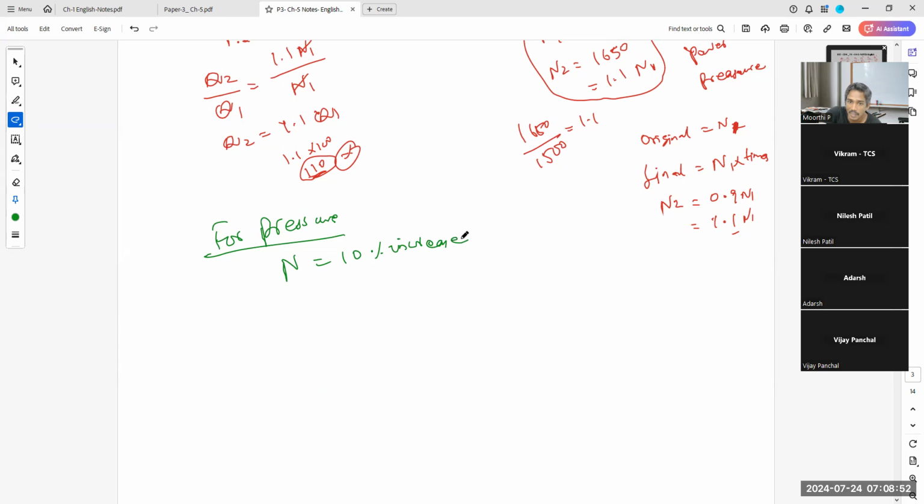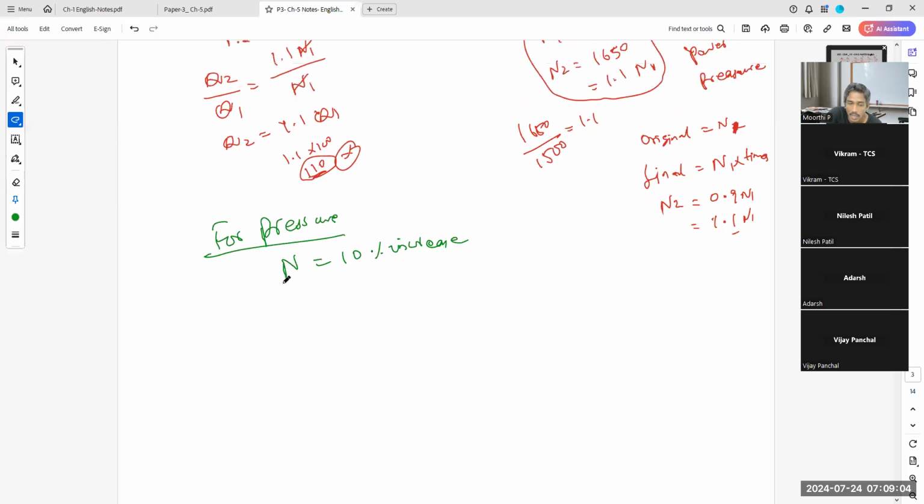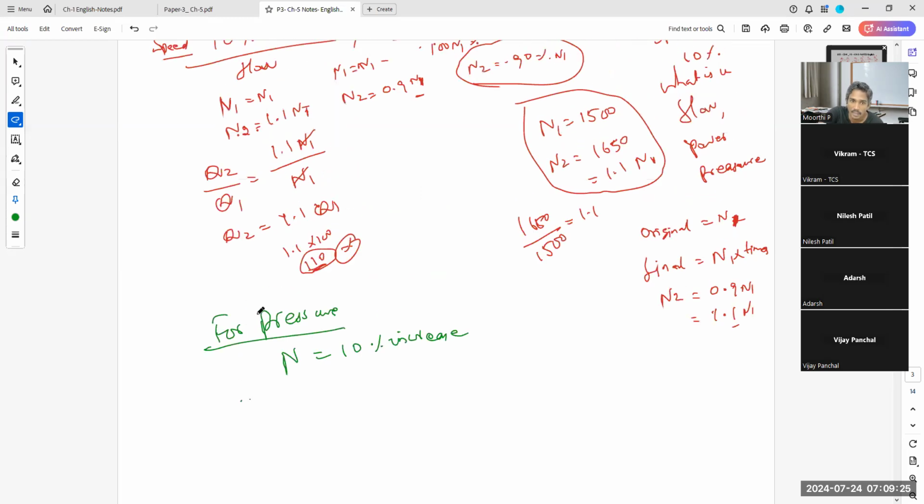Vikram, tell me, how do I write it? First you write the formula. Tell me the formula for static pressure. The basic formula, N2 by N1. Yes, the fan law. This is the fan law.